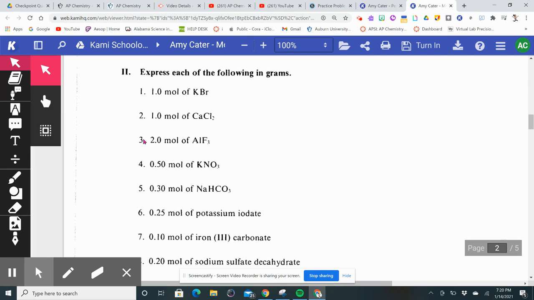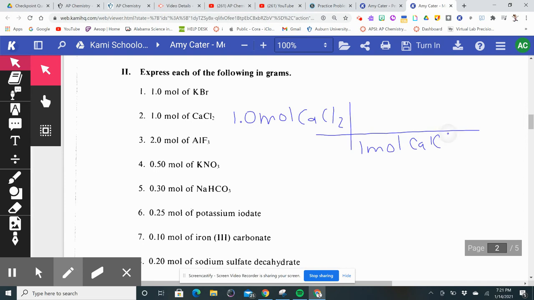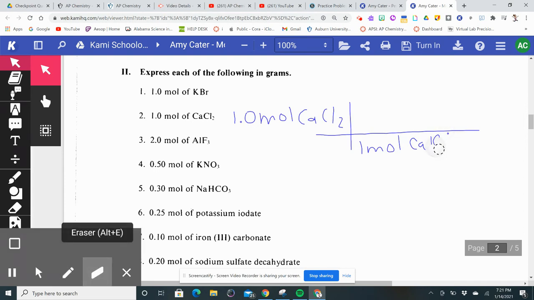What we're going to do is turn moles into grams. Okay, and we looked at how to do this with our POGL. So you're going to start by just taking what you're given, which is 1 mole of calcium carbonate. And we know that to convert 1 mole of anything, that is its atomic mass, or its molecular mass, molecular weight.